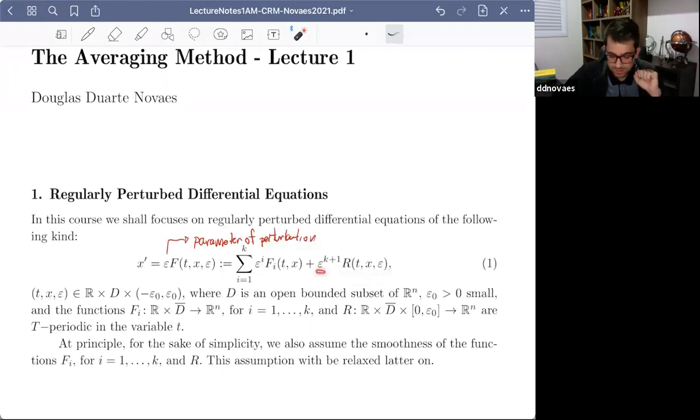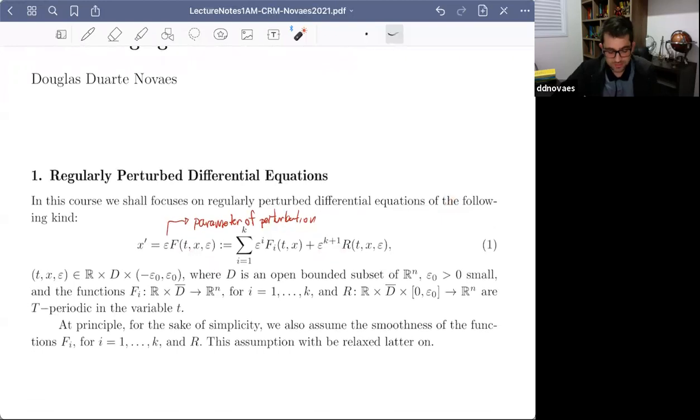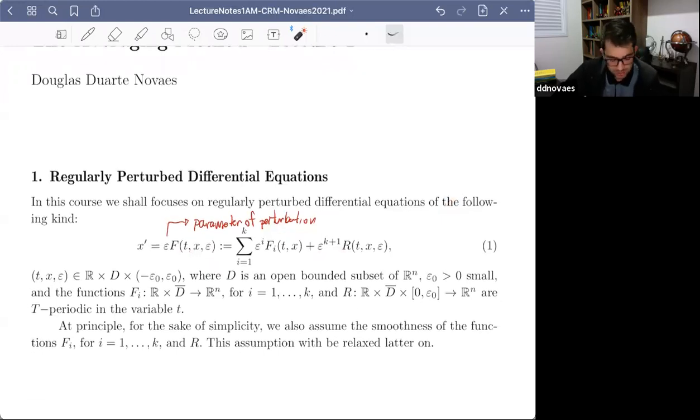It always comes with an epsilon^(k+1) multiplying the function. We are also going to assume that this differential equation is T-periodic in the variable t. This is a basic assumption that we are going to make here.